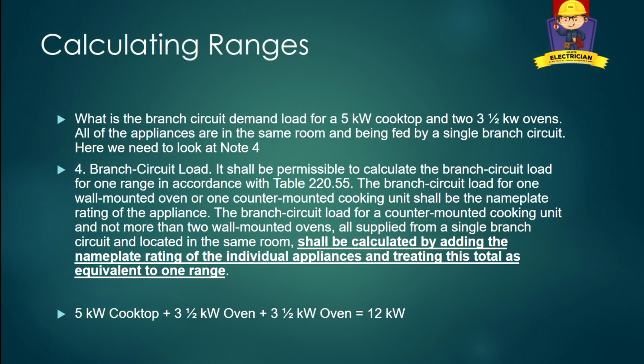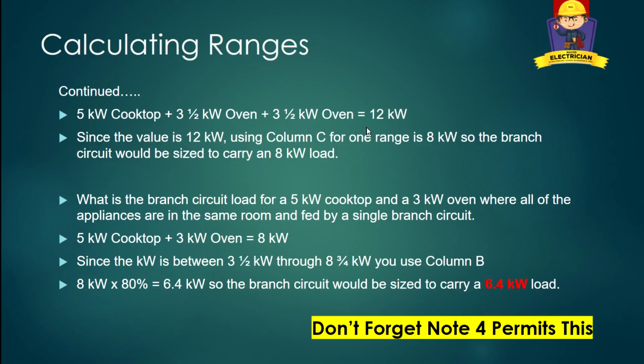In this case, what we had was a 5 kW cooktop, and we had two 3.5 kW ovens, and you add this all together, and this equals 12 kW. Well, we got 12 kW, and since the value is 12 kW, we're going to go to column C because, again, column A and column B aren't going to apply here, and we're treating it as one range.